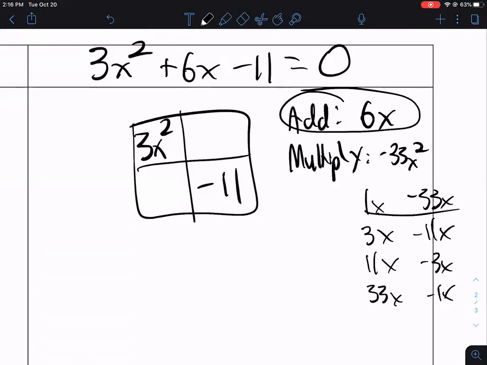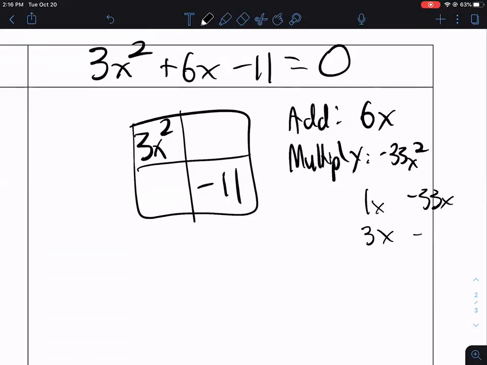Right, this adds to negative 32, negative 8, positive 32. None of them work. Okay, so last unit we would have said this is unfactorable, and we would have stopped there. But now we're learning that there's a way to continue on with this problem. Okay, and again, that method is completing the square.